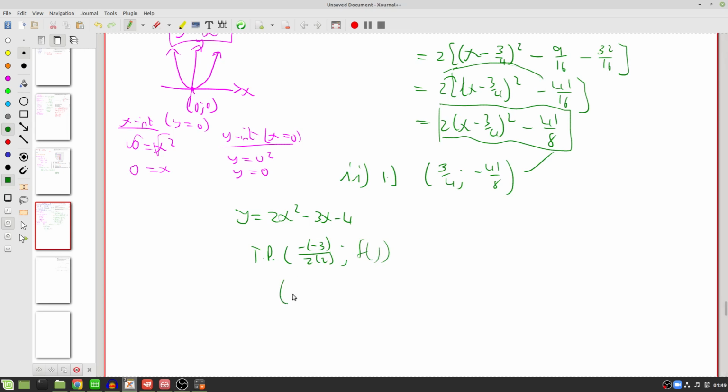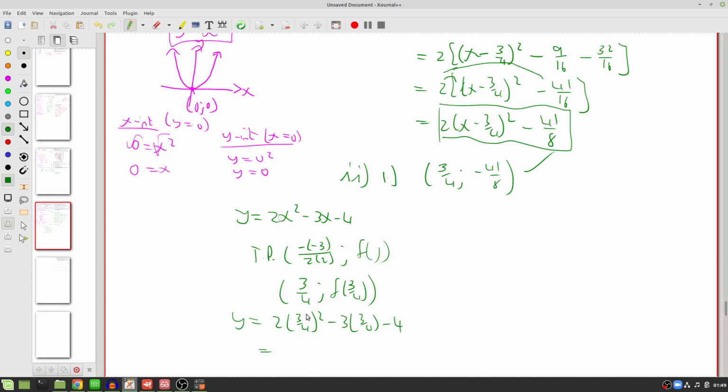Alright, so the x value is negative negative 3, which is positive 3, over 2 times 2, which is 4. And then we substitute that back into our equation to find the y value. Okay, substituting it back in, we get y equals 2 times 3/4 squared minus 3 times 3/4 minus 4.